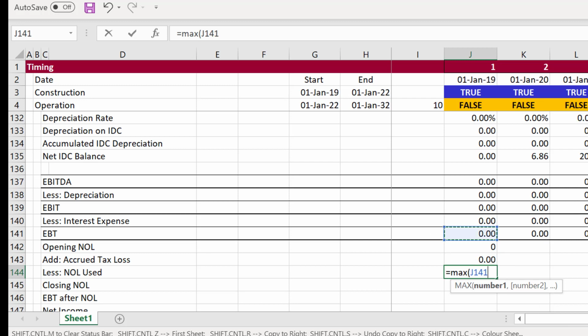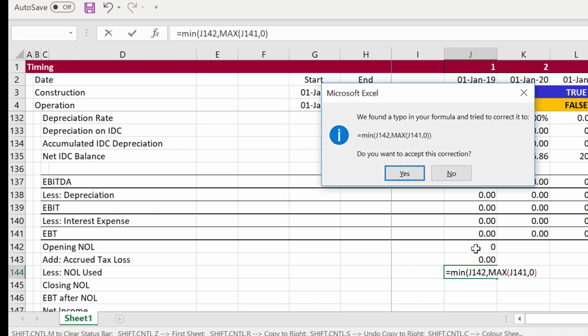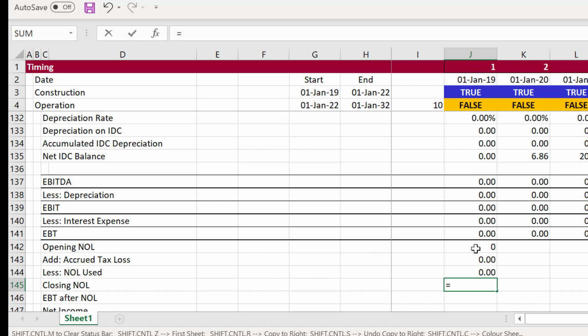Oh, sorry. This is the maximum of this, or 0, and the minimum also of the opening balance of the taxes.